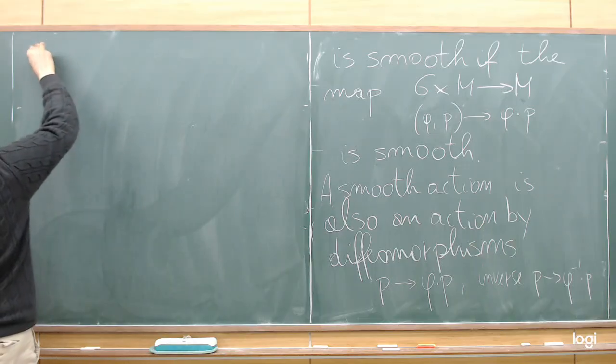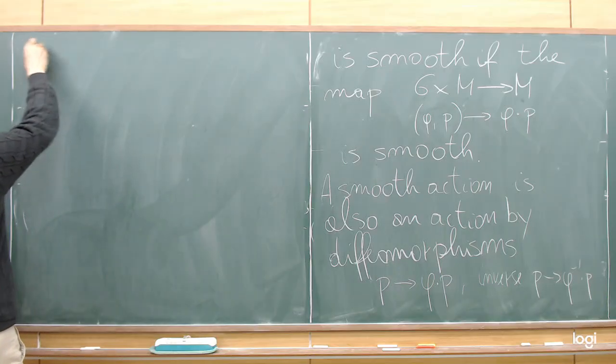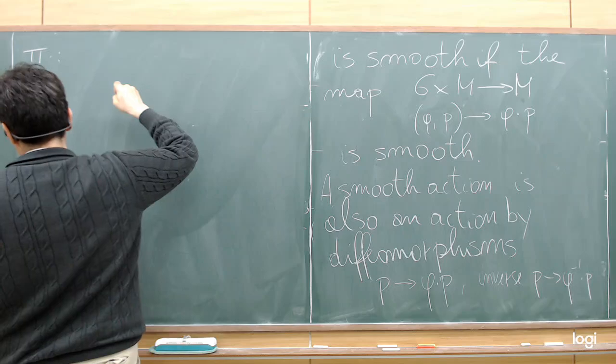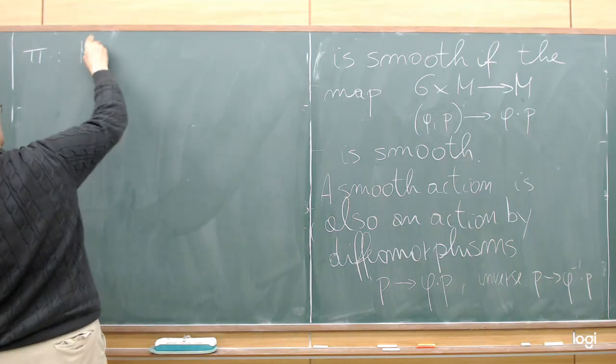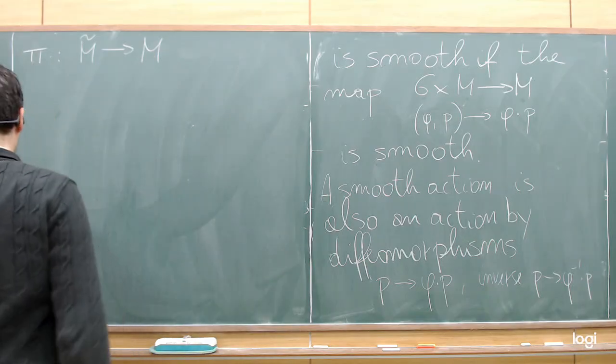So remember that we are looking at pairs of manifolds between which there exists a map pi.